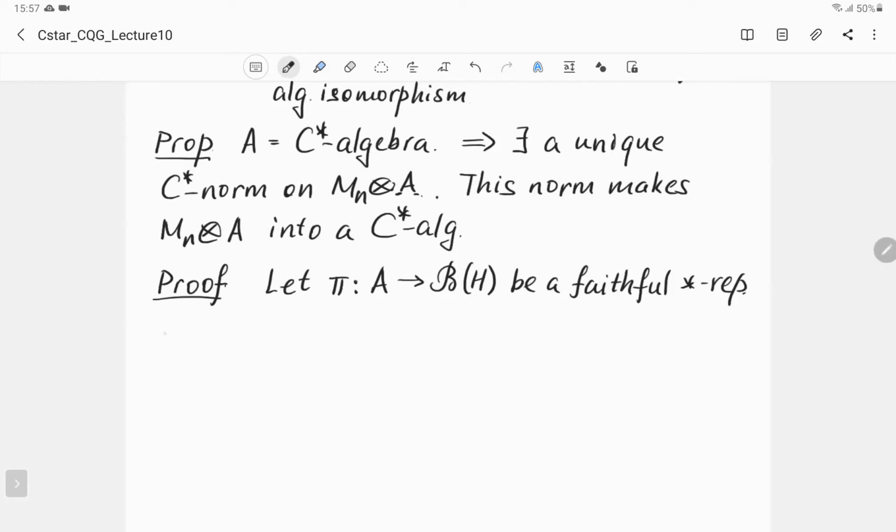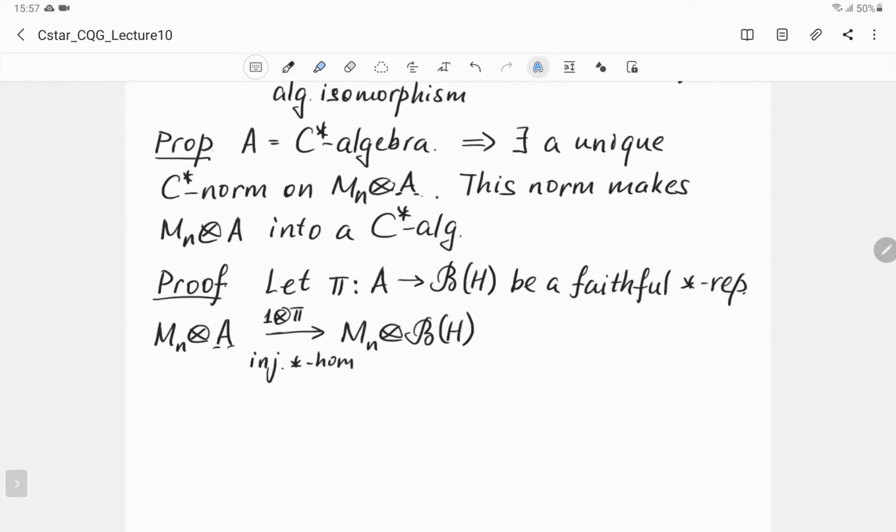So we take the tensor product of Mn and A, and we send it to the tensor product of Mn and B(H). So this arrow is the tensor product of the identity map of Mn and pi. So this is an injective star homomorphism from this algebra to this algebra.